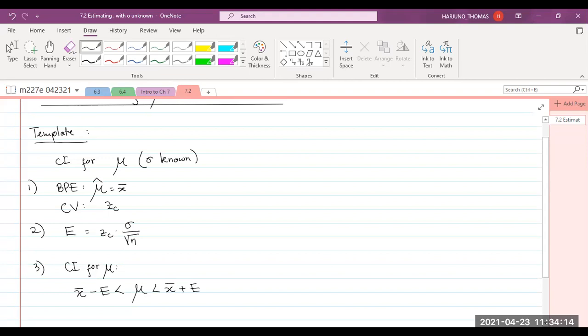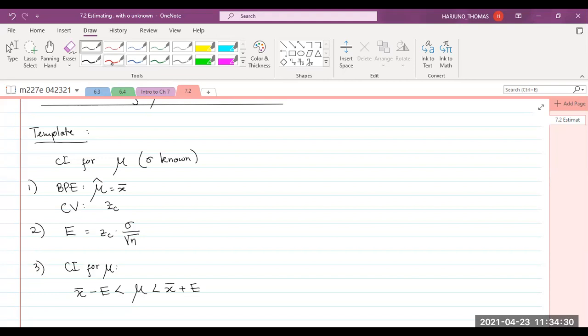That's what we did earlier in the previous part where sigma is known, but that section is not in our textbook, so I need to steal some time and teach you that separately.